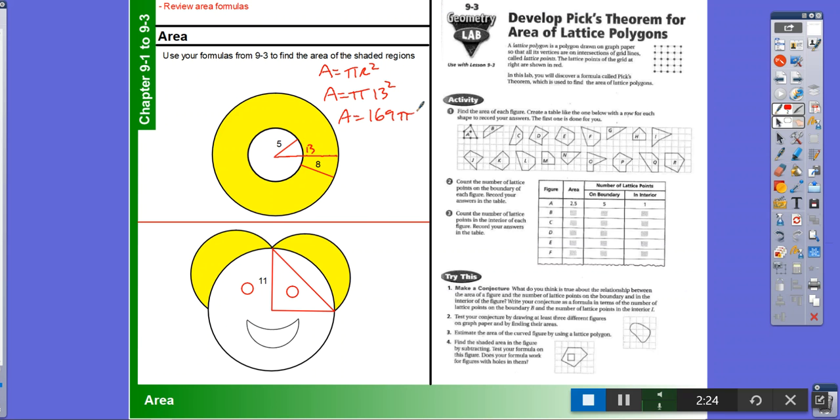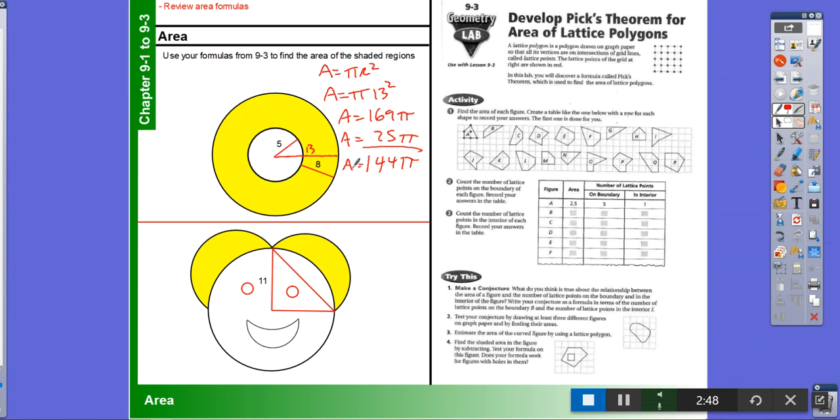I'm going to keep it in terms of pi for a little bit. This area here is going to be 25 pi. So I subtract them, and well, I still have pi's, right? 169 minus 25 is 144 pi. And I'm just going to keep it in terms of pi.